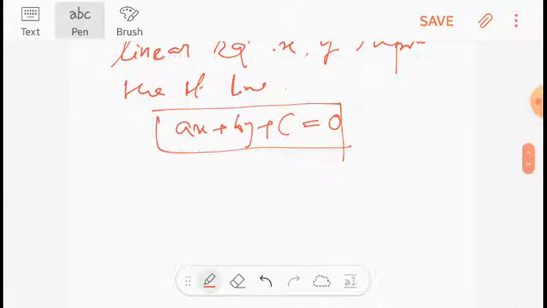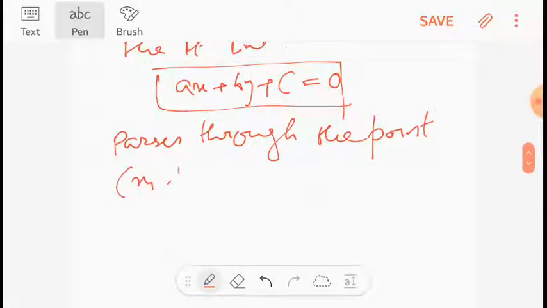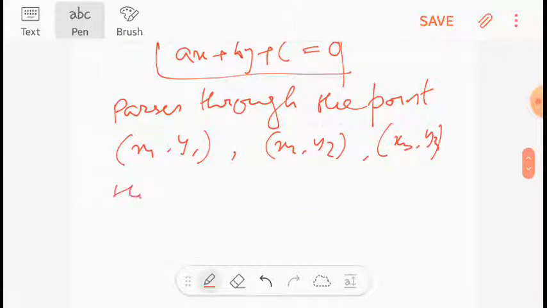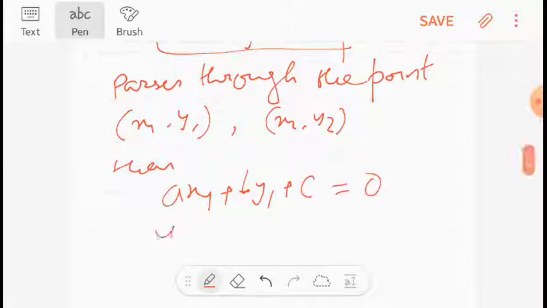If this line passes through the points x1 y1 and x2 y2, I consider 2 points, then we can write ax1 plus by1 plus c equal to 0, and ax2 plus by2 plus c equal to 0.